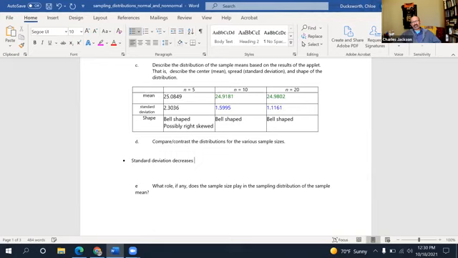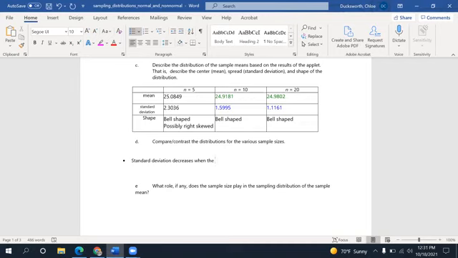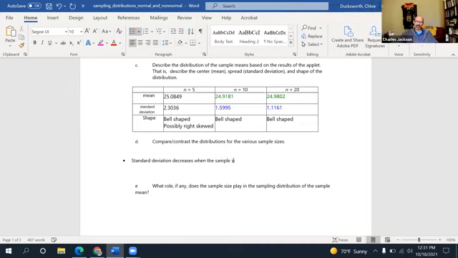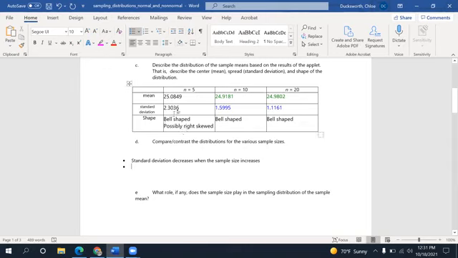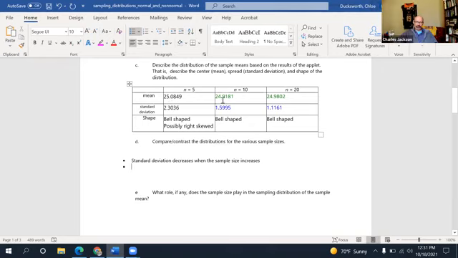Well, not so much on the mean, right? Because the mean started there and then it decreased when the sample size went up to 10. But then when the sample size went up to 20, the mean went back up toward the original mean. Yeah, I see now. So for the mean, what did you guys say? Whenever the sample size is 5 and 20, the mean is higher than it is at 10.